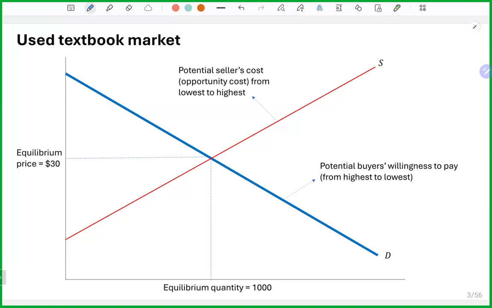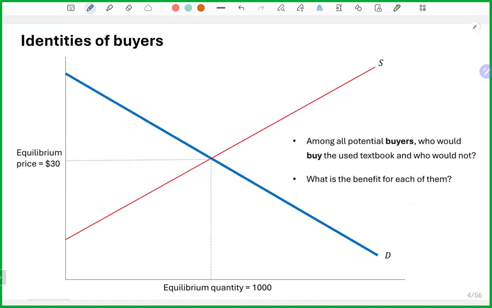And it ensures that those who buy the book make some surplus. So total surplus is the area under the demand curve above the market equilibrium price level. Now, among all potential buyers, those who value the book more will buy the book, and those whose valuation is low will not buy the book.